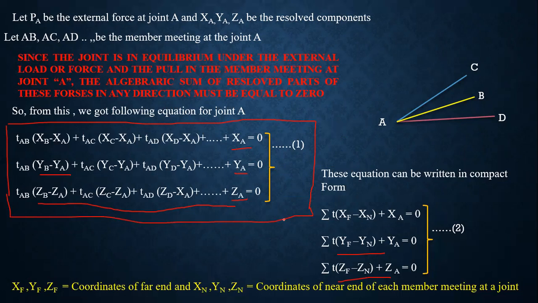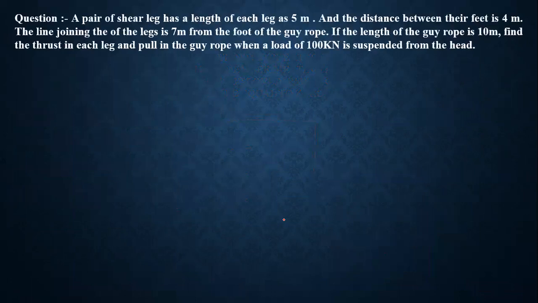Okay, now we take a question for analysis purpose. The question is: a pair of shear legs has a length of each leg as 5 meter, and the distance between their feet is 4 meter.